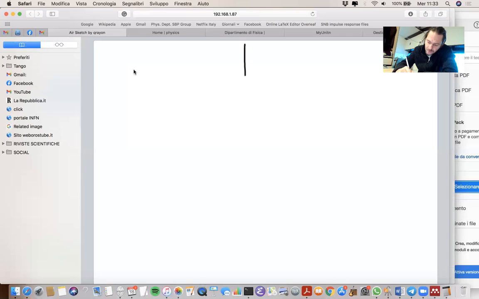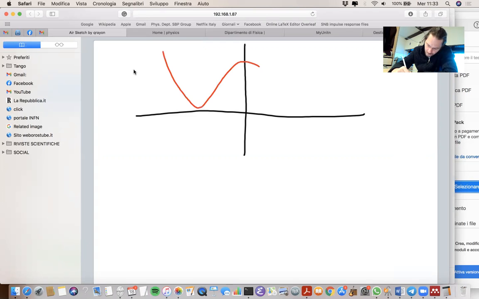So the problem we want to solve today is the so-called double well problem. I have a potential as a function of x, and this potential contains two wells.